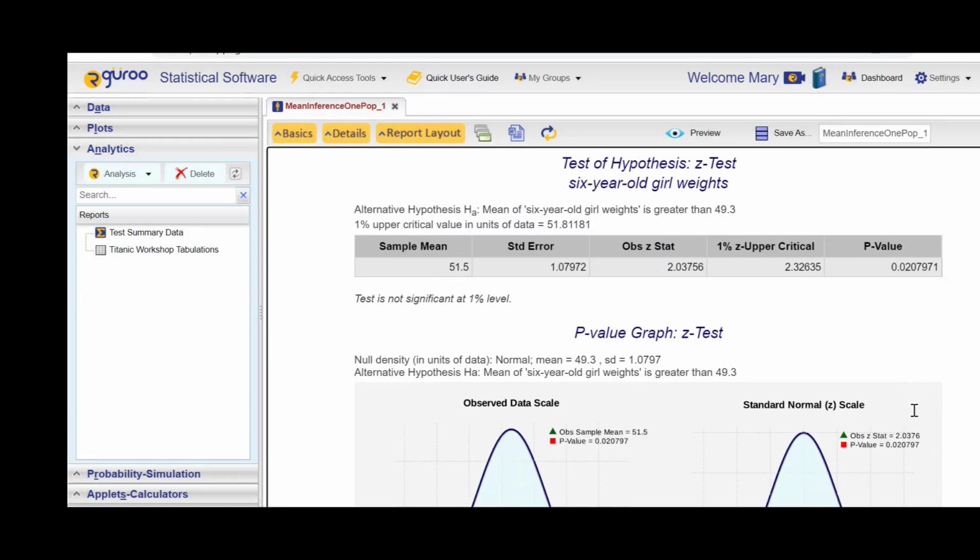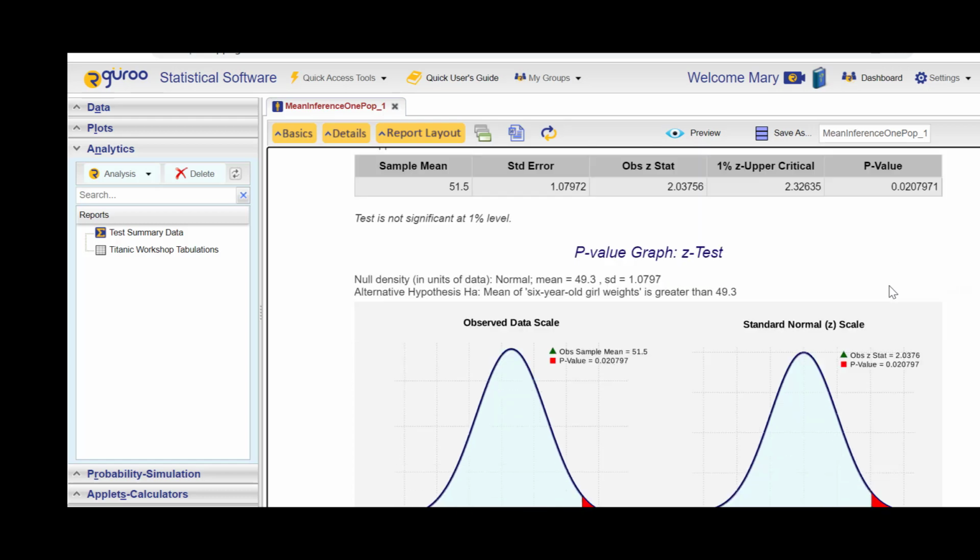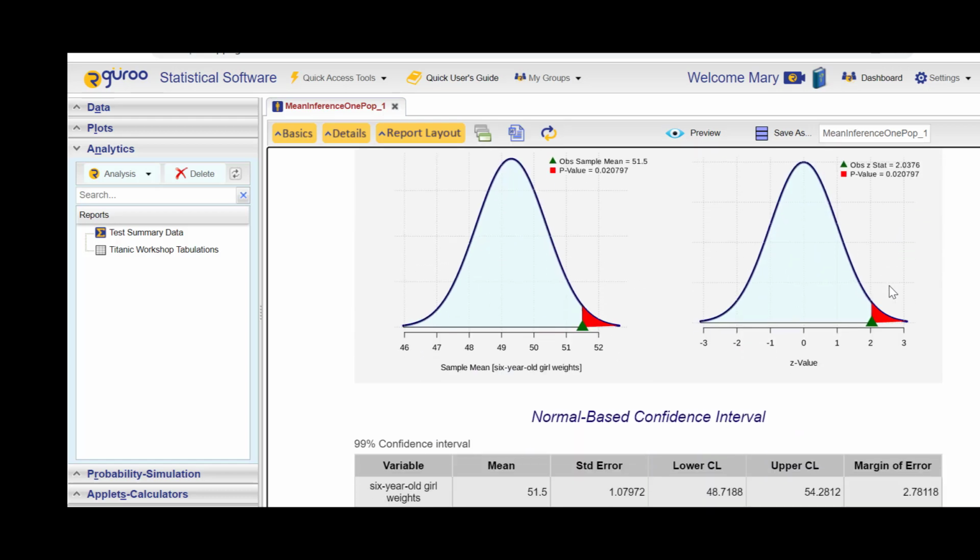We're going to skip down to the p-value. The p-value this time is 0.0208. And scrolling down, the confidence interval is between 48.7 and 54.3.